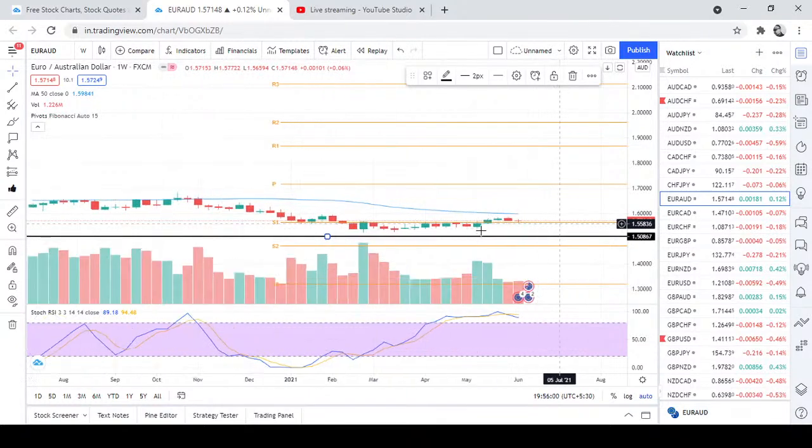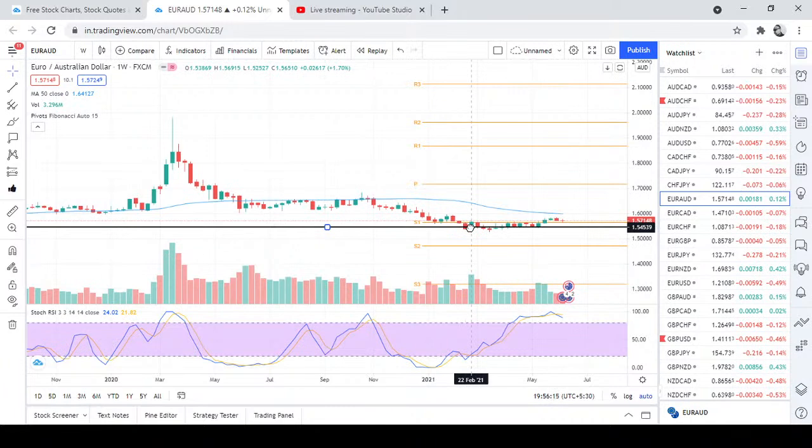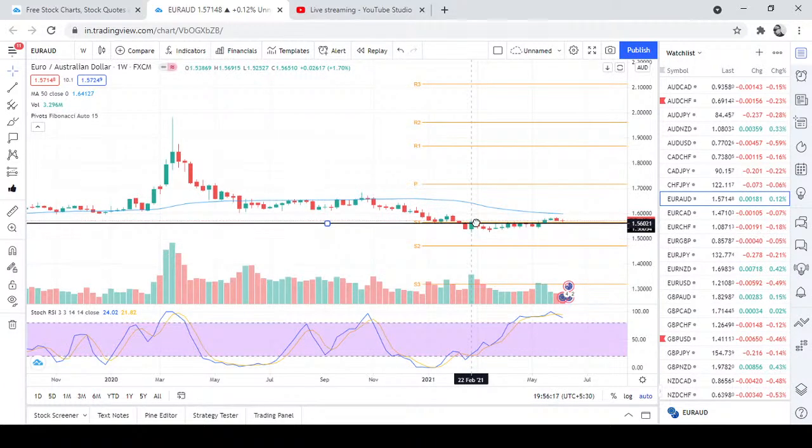Can you see this candle? The market has formed a doji this week, and a doji means there was a battle between the bulls and the bears. After taking support, the market bounced. So this support is also important for us.